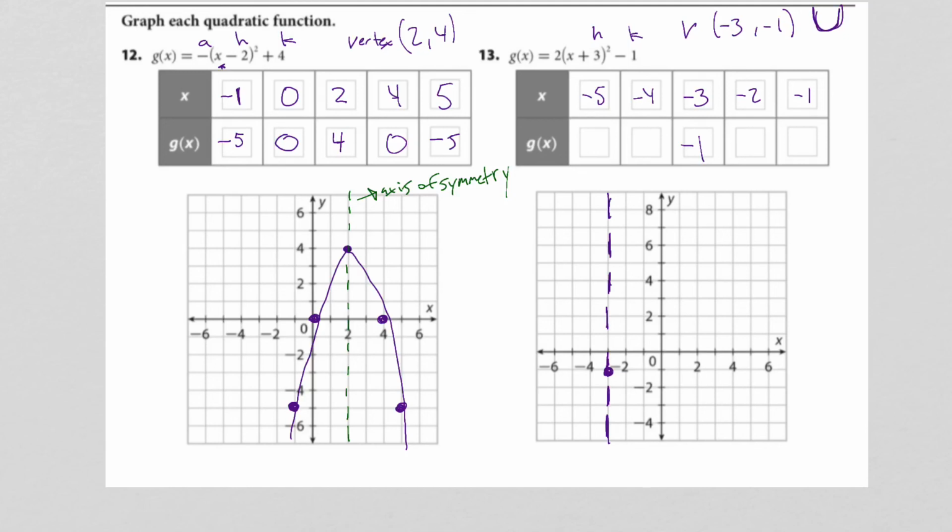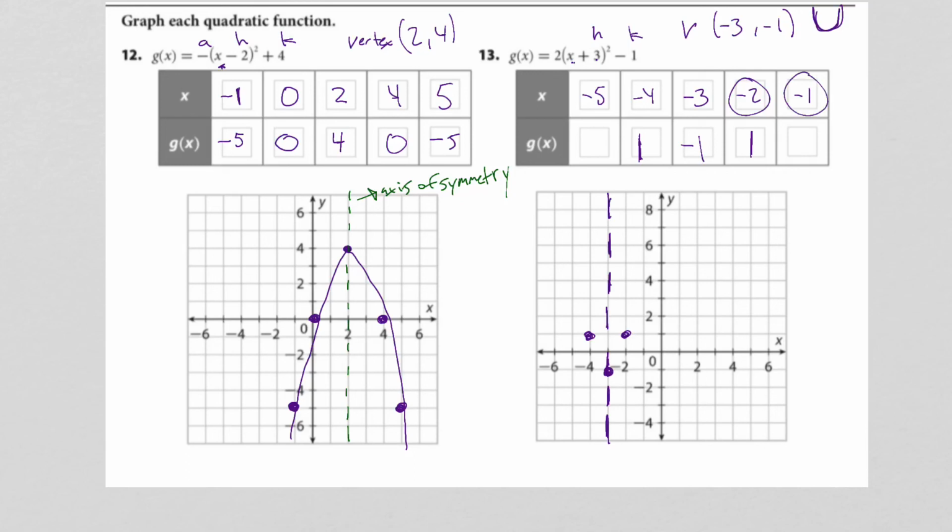If I plug in a negative 2, you get negative 2 plus 3 is 1. 1 squared is 1. 1 times 2 is 2. And 2 minus 1 is 1. So if this side is 1, that side is 1, right, because it's symmetric. And now let's try negative 1.